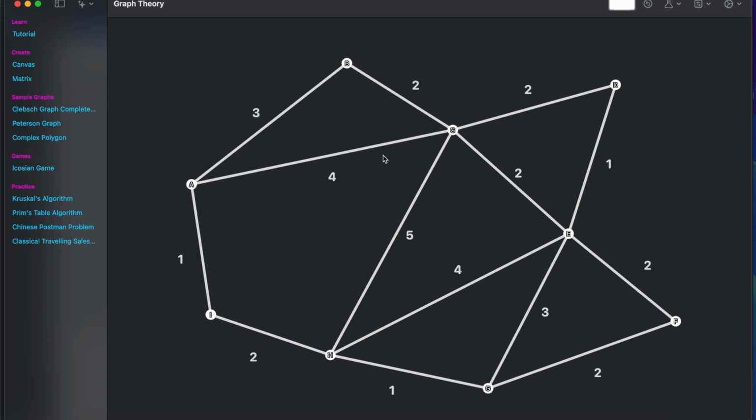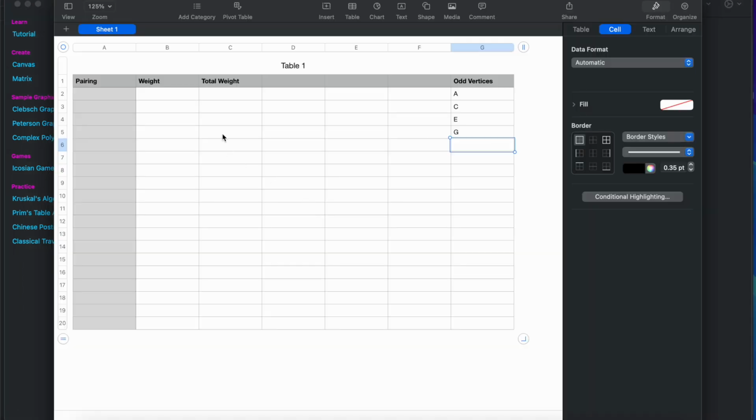There's a result in graph theory that states that the number of odd vertices in a graph is always an even number. So it's always possible to pair up all of the odd vertices. The next thing we're going to do is consider every possible pairing of the odd vertices.